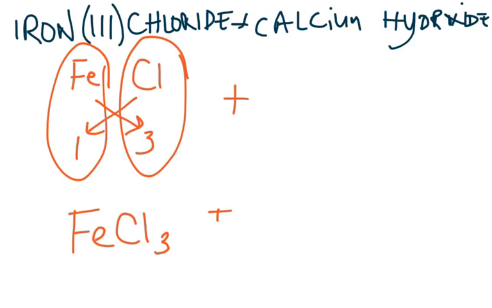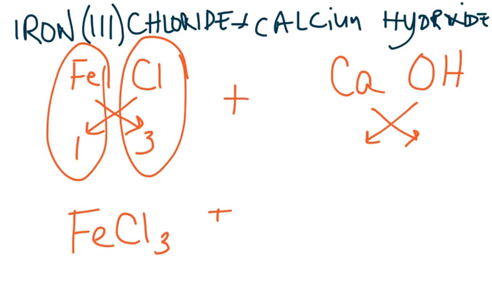The next one was calcium hydroxide. Again, calcium is Ca, and you have to remember that hydroxide is a polyatomic, it's OH. So again, we get to crisscross. Calcium, if you go to your periodic table, has a charge of 2, it's in that second column. Hydroxide, which you had to memorize, has a charge of 1.